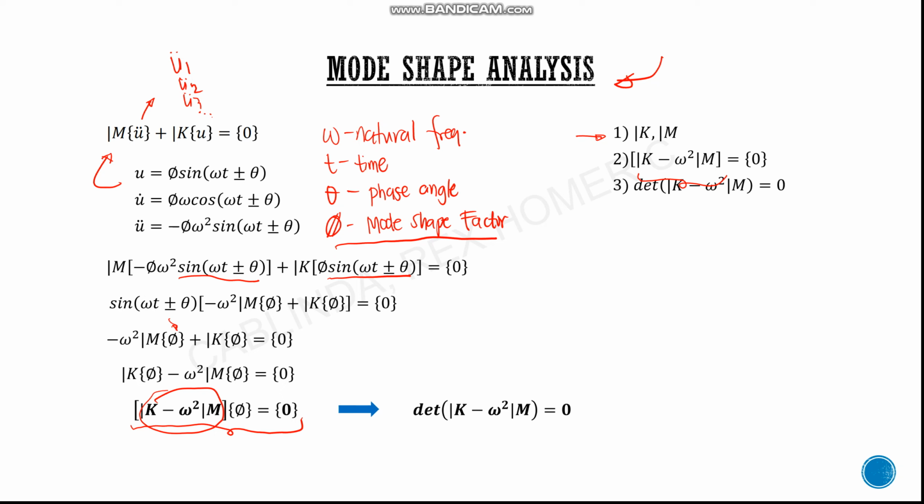Afterwards, let's get the determinant of that difference. After getting the determinant, the unknowns are already solved, so we can now get the mode shape factors, I'm talking about the phi. And lastly, we can then sketch the mode shape.